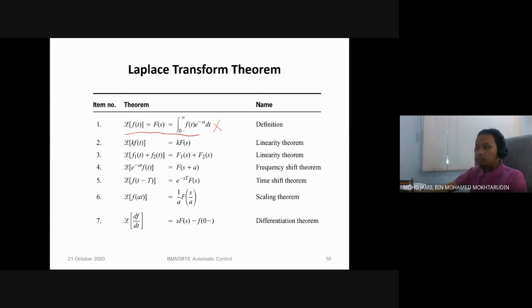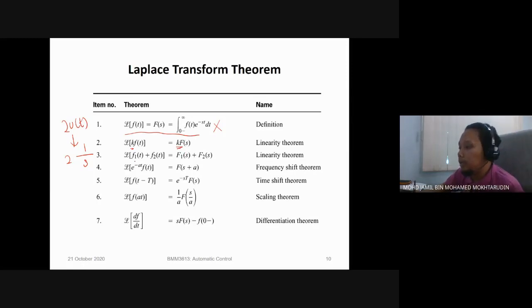The second theorem is the linearity theorem. Let's say you have a linear multiplication, 2 times u(t). In the frequency domain, ut is 1 over s, and you just multiply with 2.